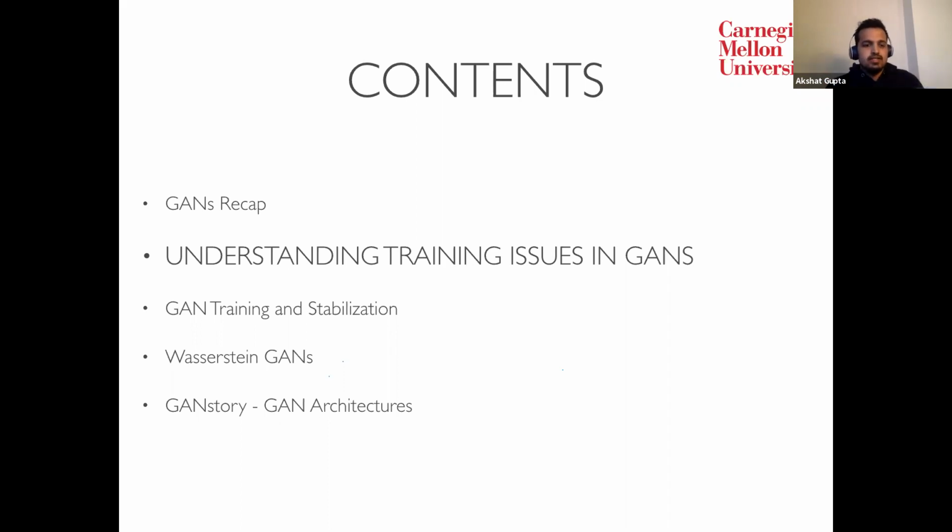I see a question in chat: what's the difference in GANs if we used KL divergence instead? We'll touch upon this a little later in the lecture today, as to how the different distance measures cause differences in performance. Something I can say right now is you've all studied VAEs, and VAEs are minimizing KL divergence between two distributions.